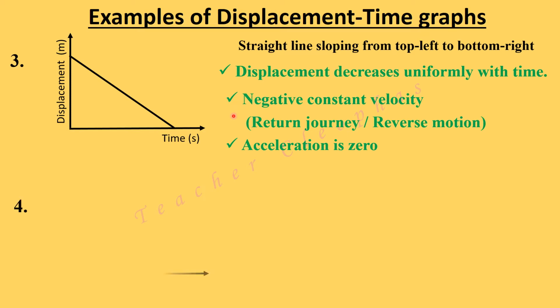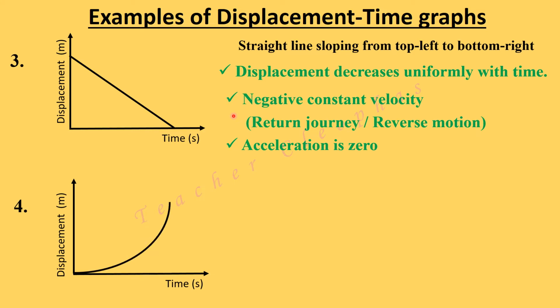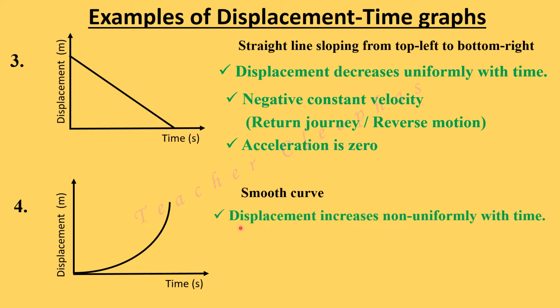Our fourth graph, this is the graph. We can see that this is a smooth curve, and what we can deduce from this smooth curve is that the displacement increases non-uniformly with time. We are saying it's non-uniform because it's a curve, it's not a straight line.